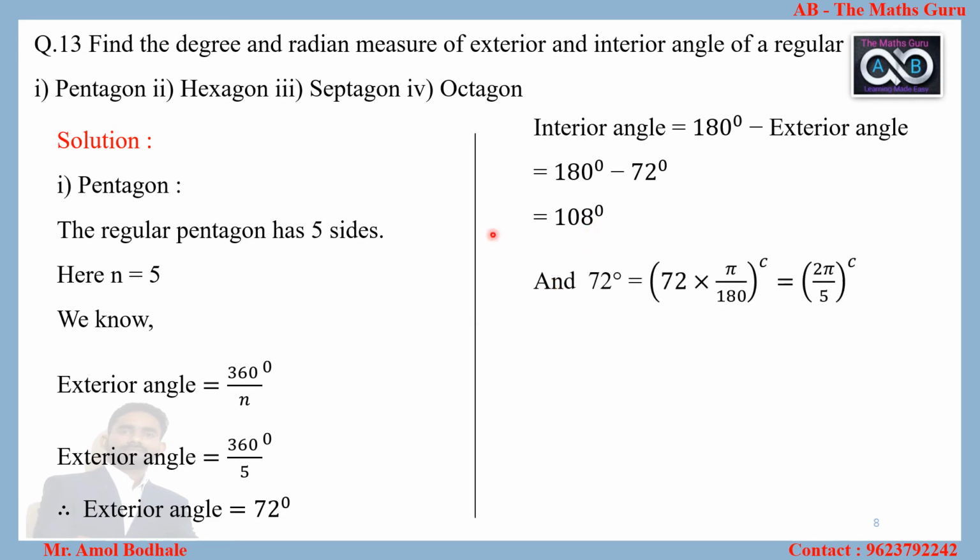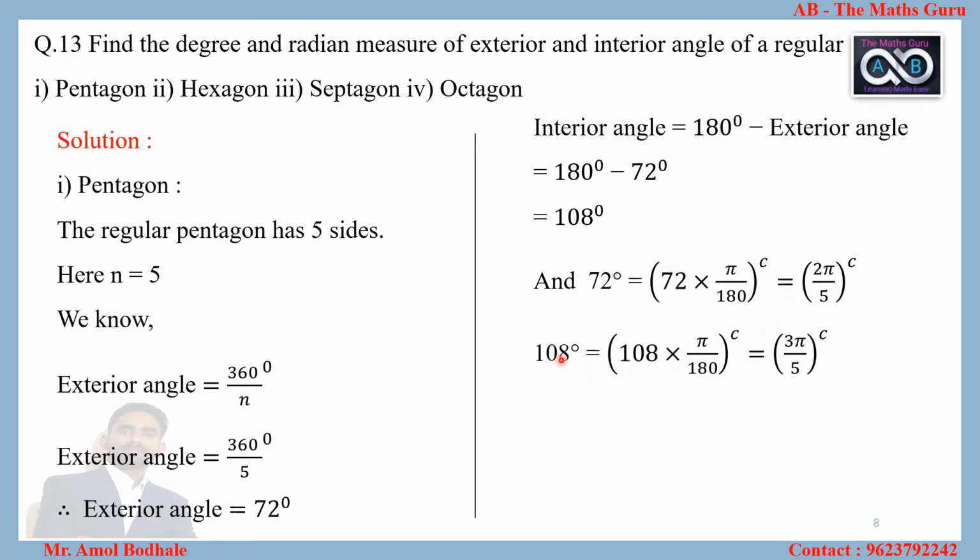And we can convert this exterior angle and interior angle into radian. The exterior angle 72 degree we can write in radian as 72 into pi upon 180. Here 72 and 180 are both multiples of 36. 36 2s are 72, 36 5s are 180, which gives us 2 pi upon 5 radian.